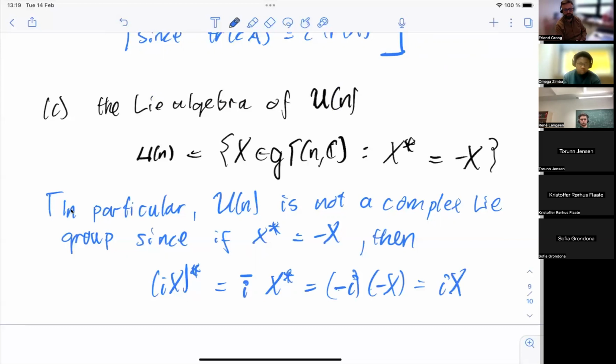So you see here that if I have a non-zero matrix which satisfies this, that it's sort of skew adjoint, that the conjugate transpose is equal to minus X, then multiplying by i does not give us a matrix that's like this. So U(n) is not a complex Lie group, even though it only consists of complex matrices.